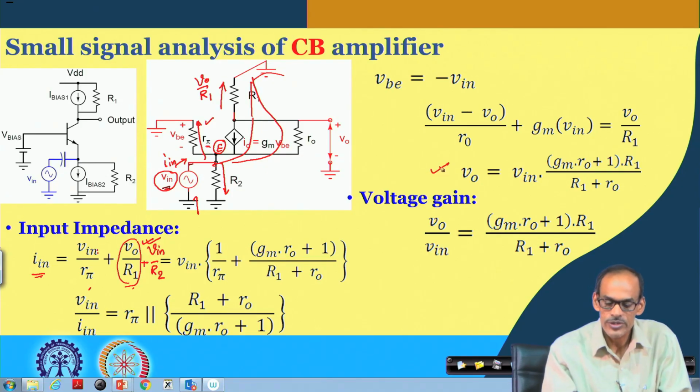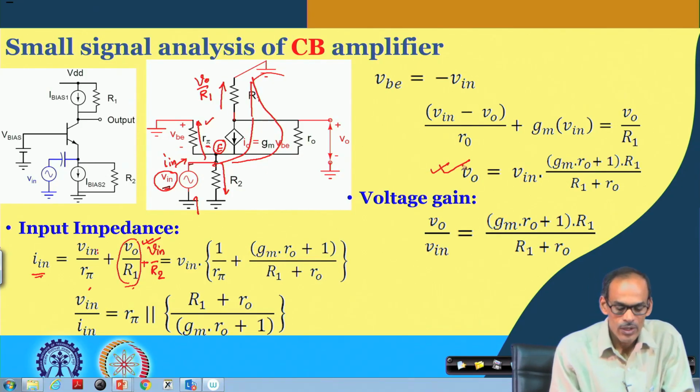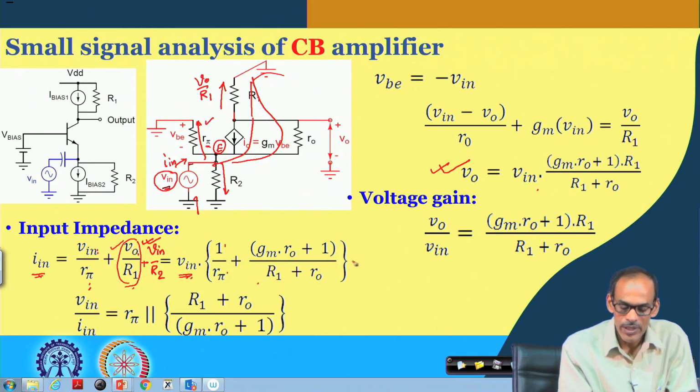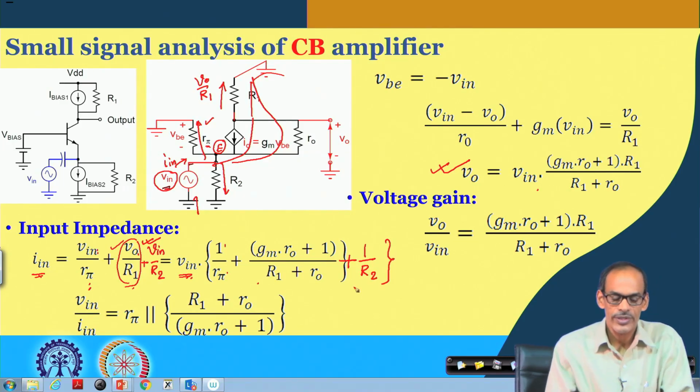This is the corresponding expression. We can plug in that expression here, and say that I in is a function of V in multiplied by 1 by R pi, then the middle part, and the third part, which I had not considered in my previous equation. So, we can consider this part also.